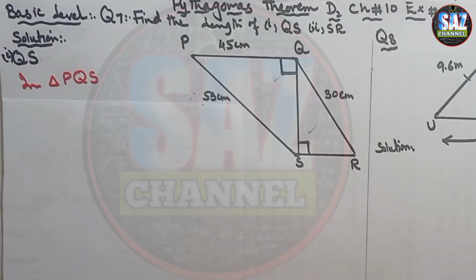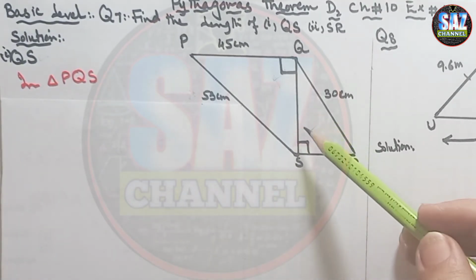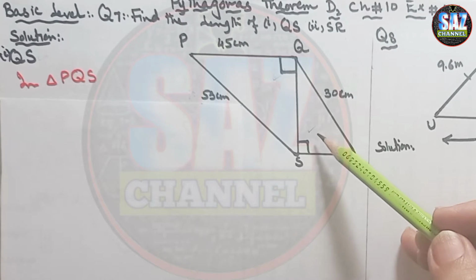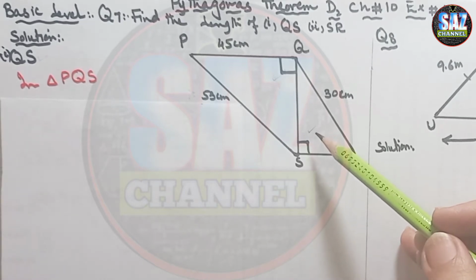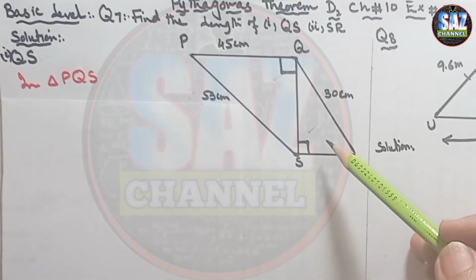If we look at the given diagram, we can see that it is a composite figure, as it contains more than one triangle. First of all, it's really important to identify the part of the diagram from which you are finding the unknown.